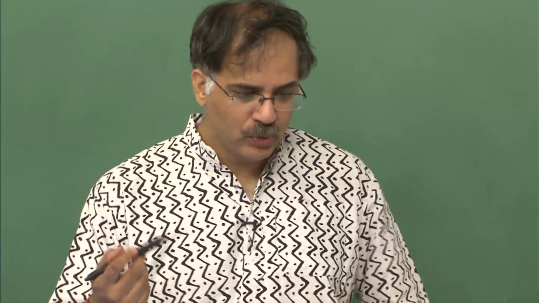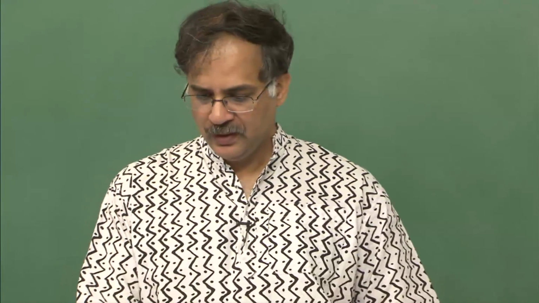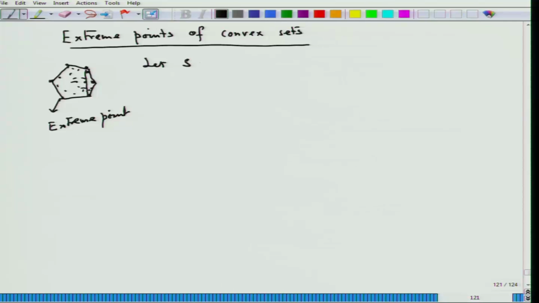So, I can define an extreme point as follows. Let S be a convex set, then a point x is called an extreme point, that is you cannot express it as a convex combination of 2 points when lambda is strictly between 0 and 1, that is excluding these 2 points.